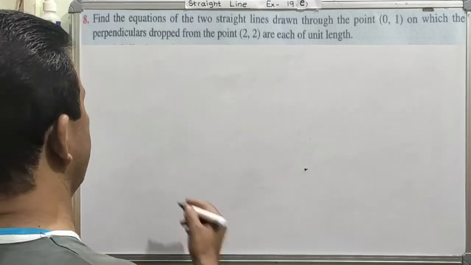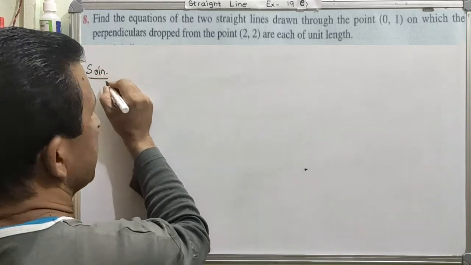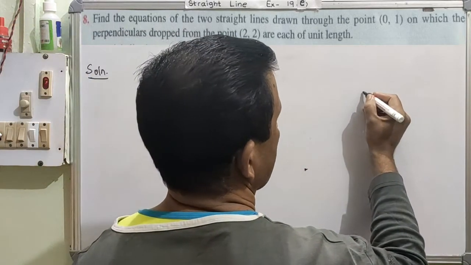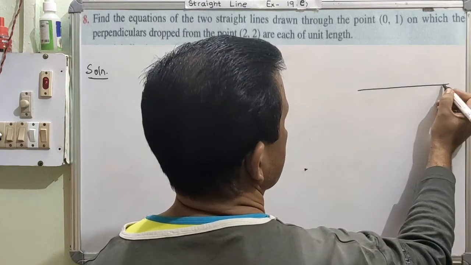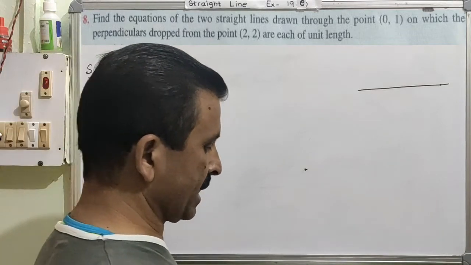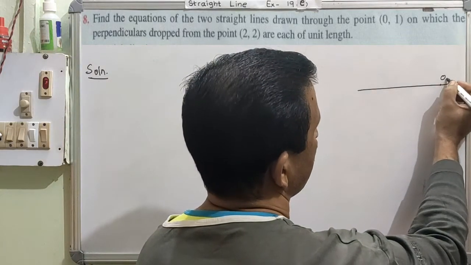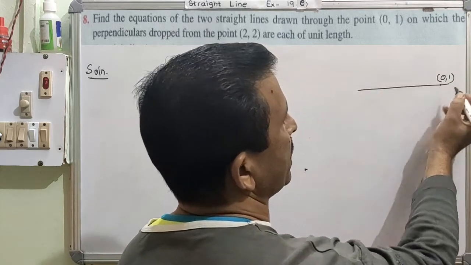So let me show you the diagram first of all. Solution of question number 8. This is a line which passes through a point somewhere on the line, and the coordinate of this point is (0, 1). This is the line for which you are going to write down the equation.